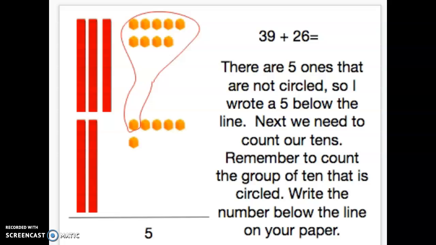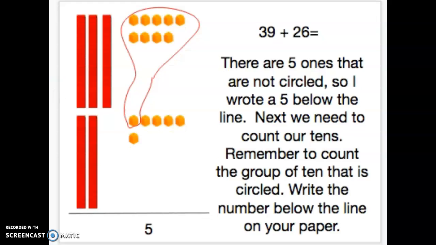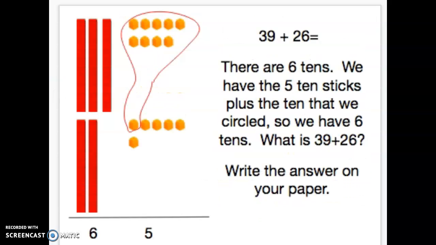Next, we need to count our tens. Remember to count the group of 10 that is circled and write that number below the line on your paper. There are 6 tens. We have the 5 10 sticks plus the 10 that we circled, so we have 6 tens. What is 39 plus 26?